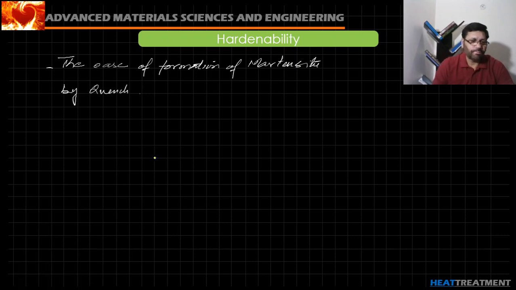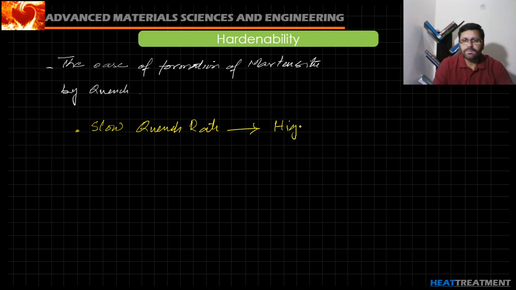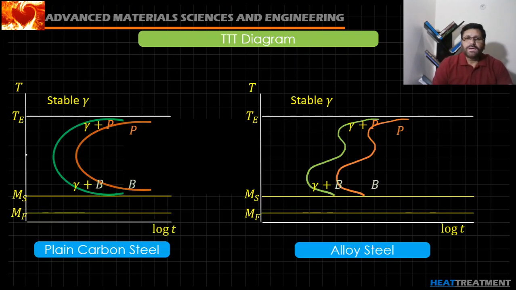So slow quench rate we can further elaborate as slow quench rate means high hardenability for that very material. Now let us see the time temperature transformation diagram for the case of plain carbon steel and alloy steel.